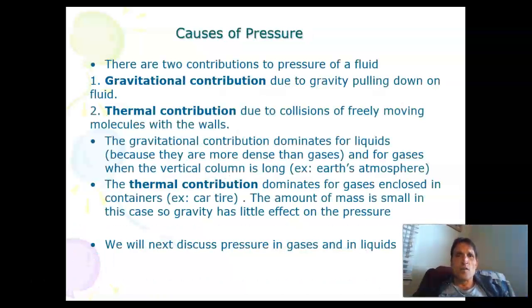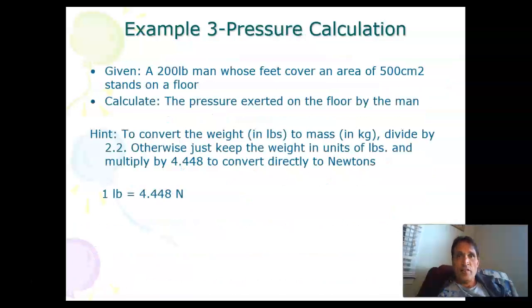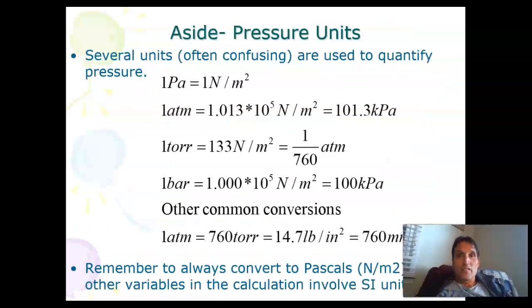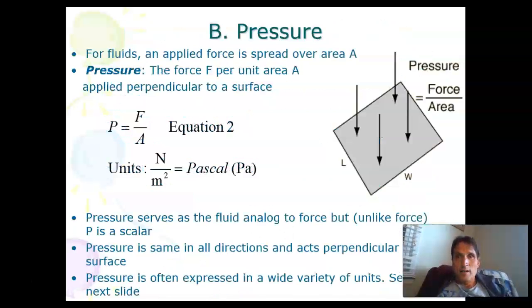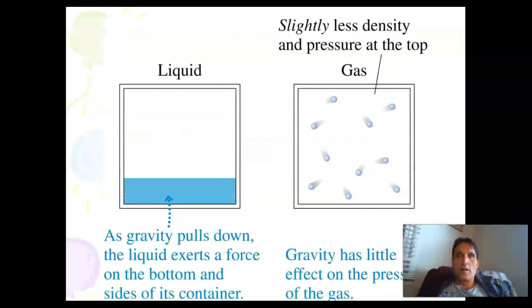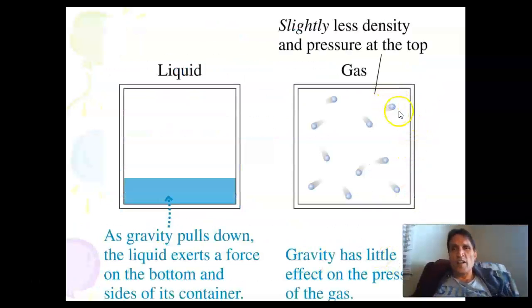So pressure is force per area. Now there are 2 contributions to the pressure. With gases, the force per area on the walls of the container is largely due to the molecules bouncing around and exerting forces on the wall.